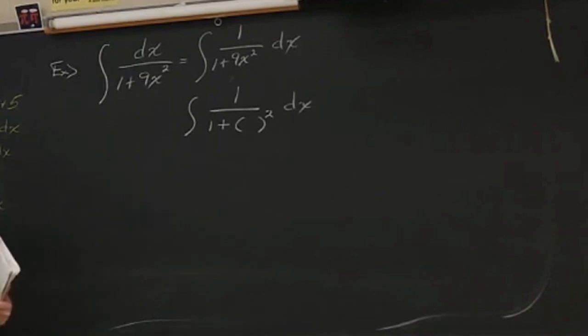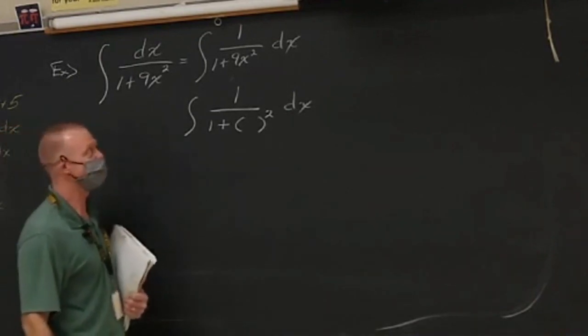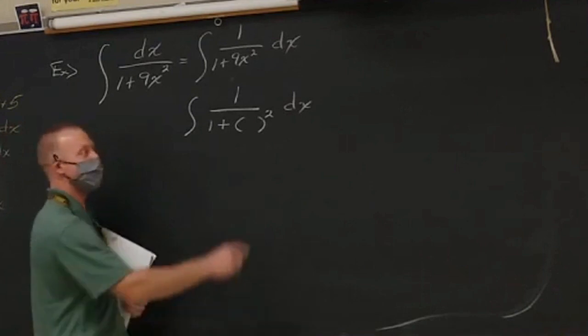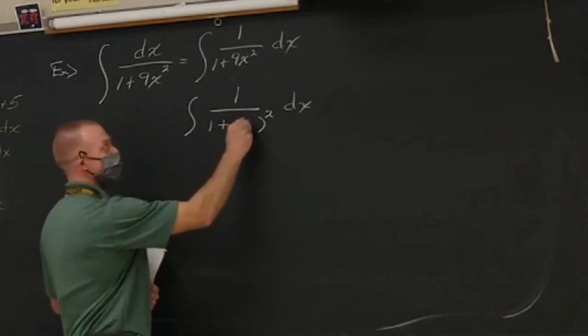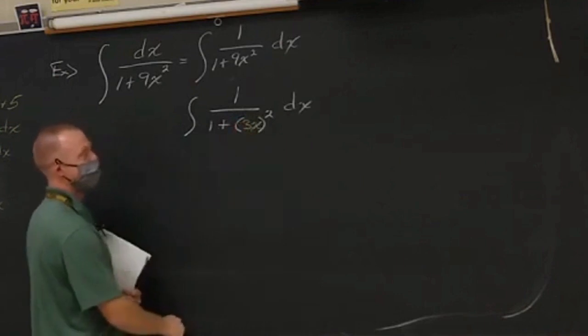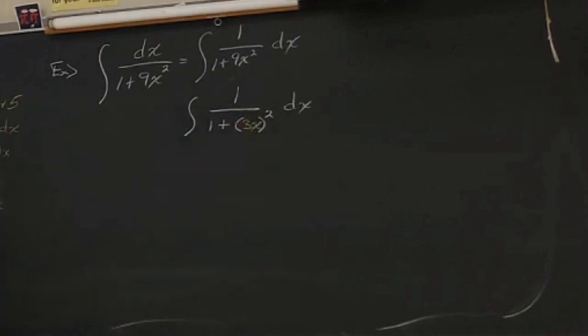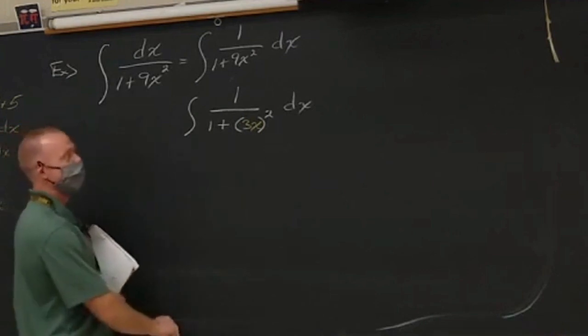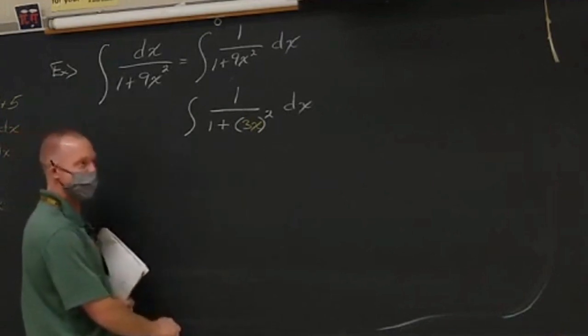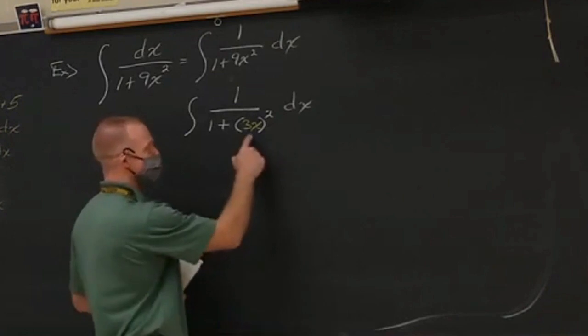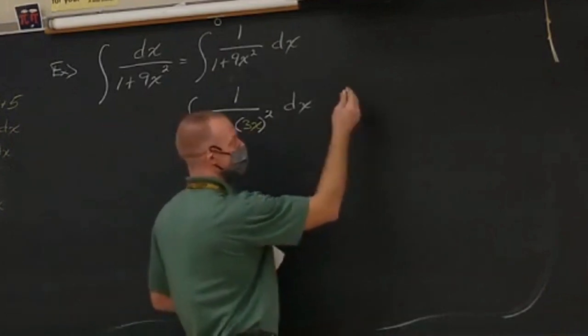What squared is equivalent to 9x squared? It would be 3x. This is definitely a special problem. It's special because you have to realize that you need to think of it as 1 over 1 plus something squared. But as soon as I do that, I get myself an inside function. This is an inside function. It's u.